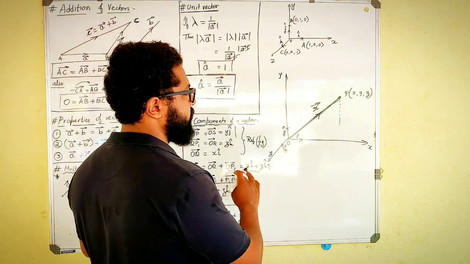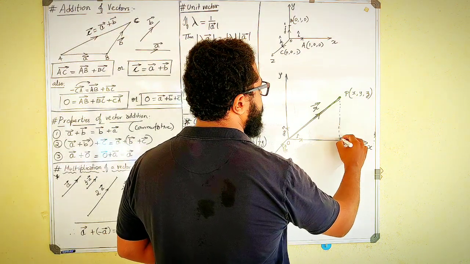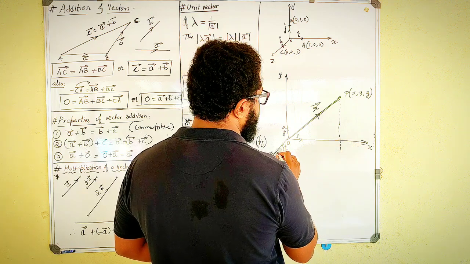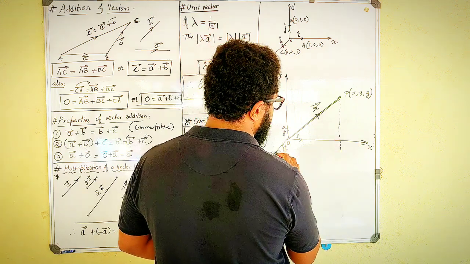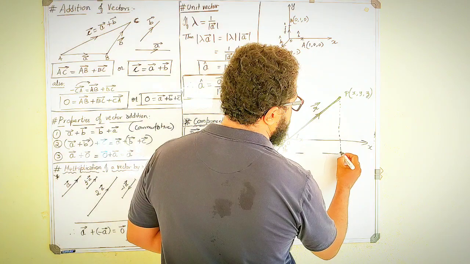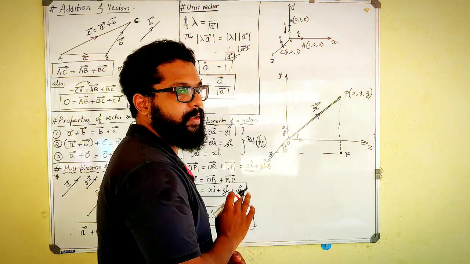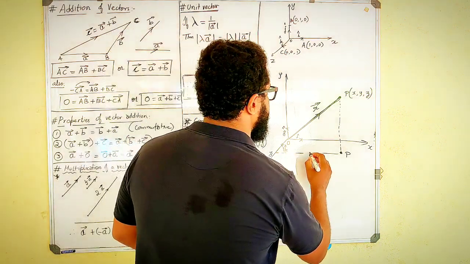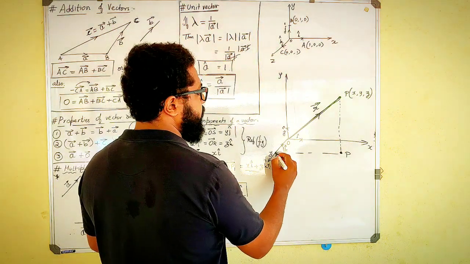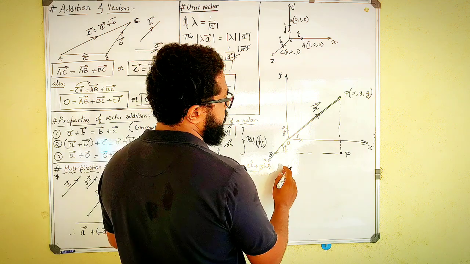I will drop a perpendicular down to the z-axis like this. This dropped perpendicular is nothing but the shadow, or the image, of that particular point.